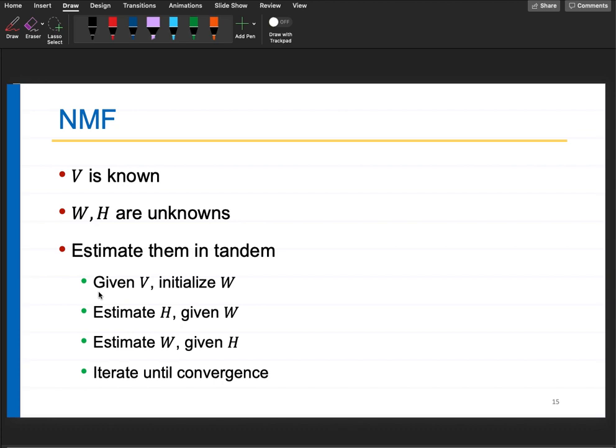So simple solution is you do them turn by turn. Given V, initialize W, then estimate H using the W which we have assumed. Then with that optimal H, keep it fixed. Update your W, and then fix your W, update your H, fix your H, update your W. In this way, you keep iterating until you converge, right?